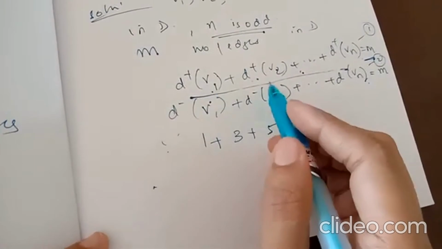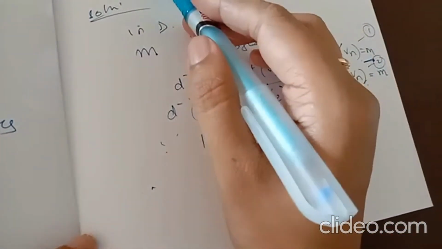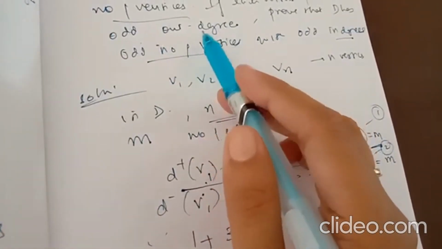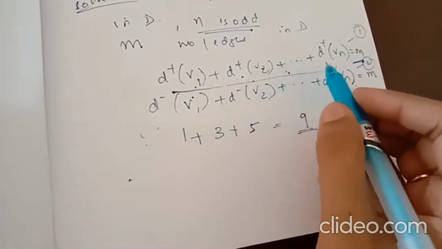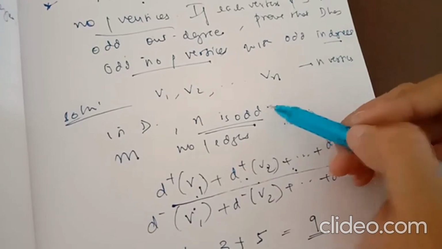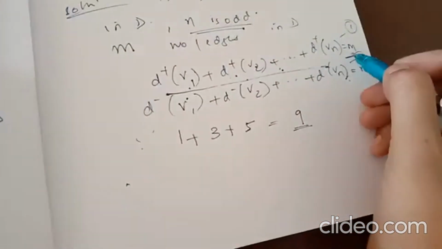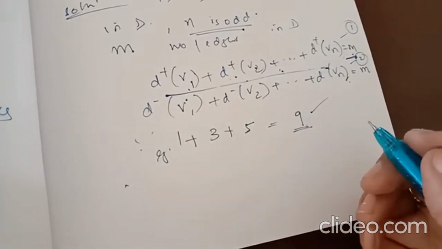If each vertex has got odd out degree, as given in the question, then the left hand side is the sum of n odd numbers. And since n is also given to be odd, what will be the sum? The sum also must be odd, right? This is an example which I have taken.